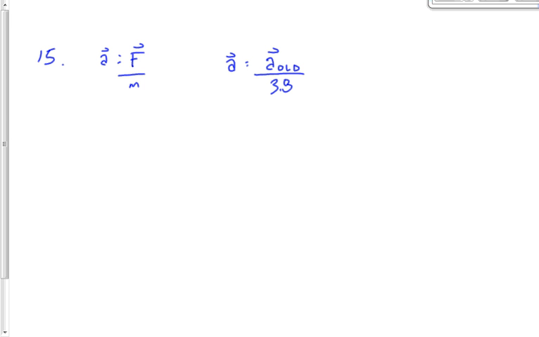16 says a rocket accelerates in space at a rate of 1 g. And on the front of this sheet, I told you that g is the acceleration divided by 9.81. So 1 g would give us an acceleration of 9.81 meters per second squared, just not necessarily downwards. The rocket exerts a force of 12,482 newtons.